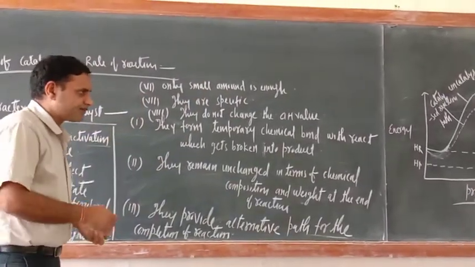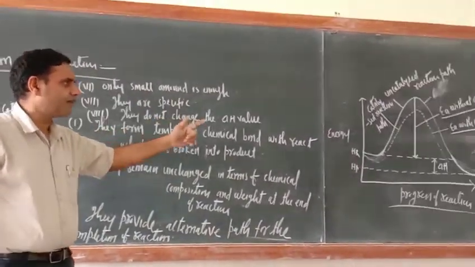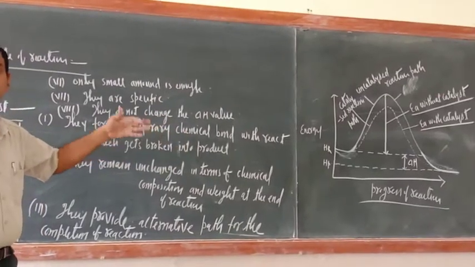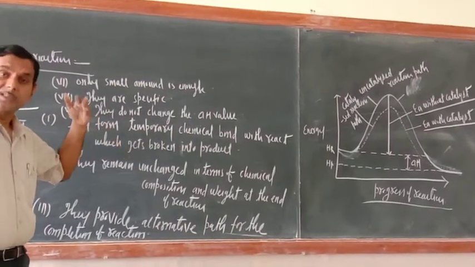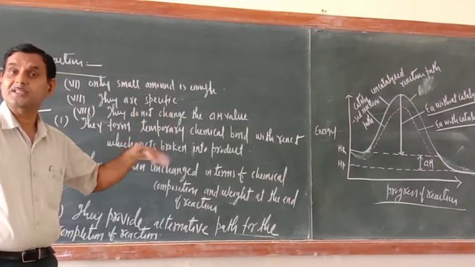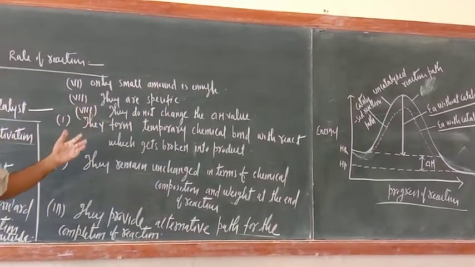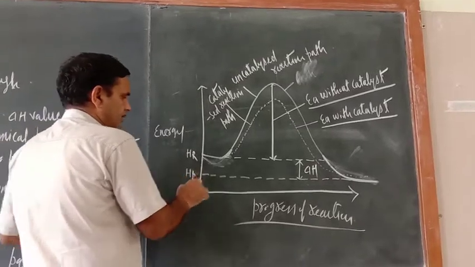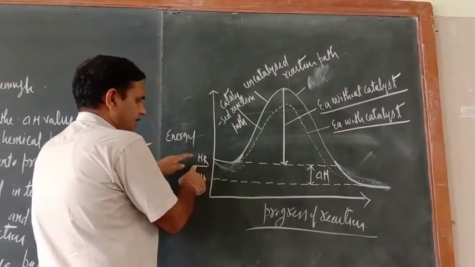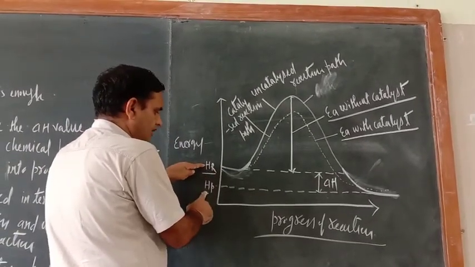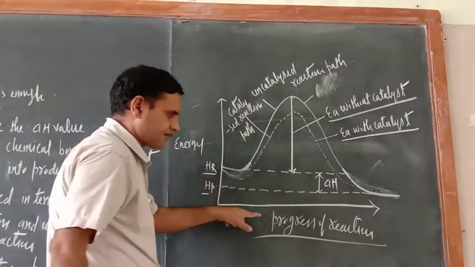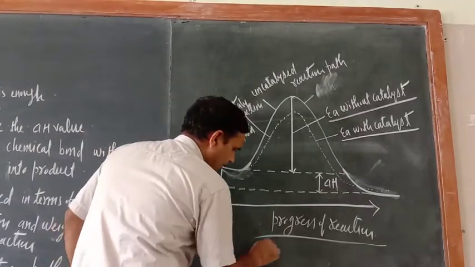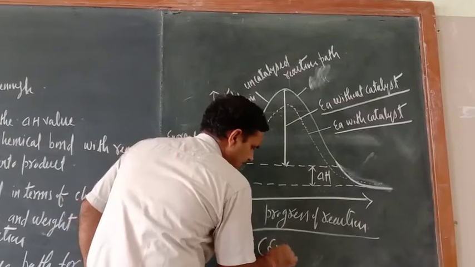Now on that side I have made one graph for the progress of the reaction with the catalyst and without catalyst. See HR and HP: HR energy is more than HP, so this progress of reaction is an example of an exothermic reaction.